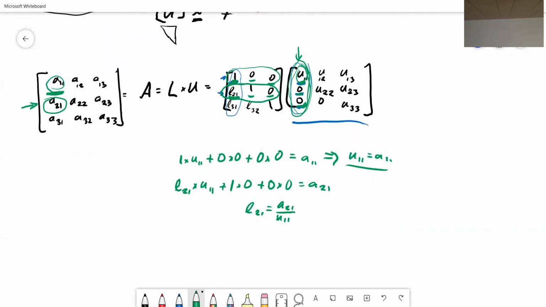All right. So again, we are still on column 1. The only element we still don't know is L31.